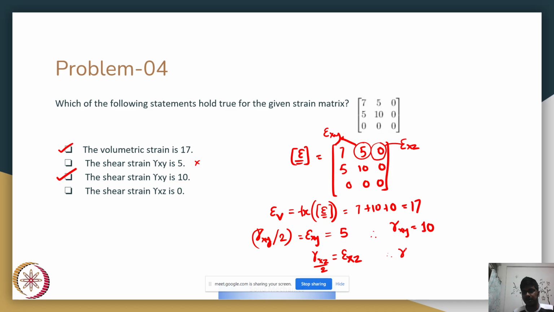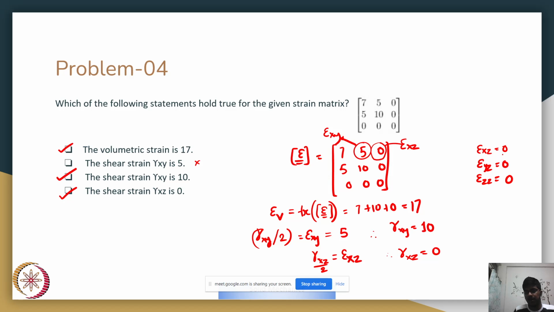So gamma xz turns out to be 0. And what is epsilon zz? 0. Okay, so in this matrix you can see that epsilon xz is 0, epsilon yz is also 0, and epsilon zz is also 0.